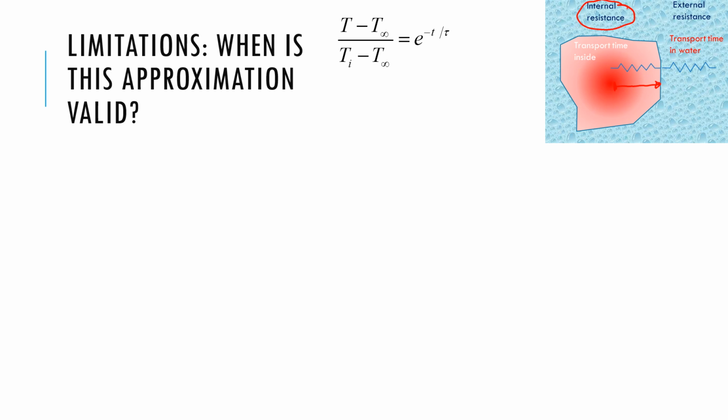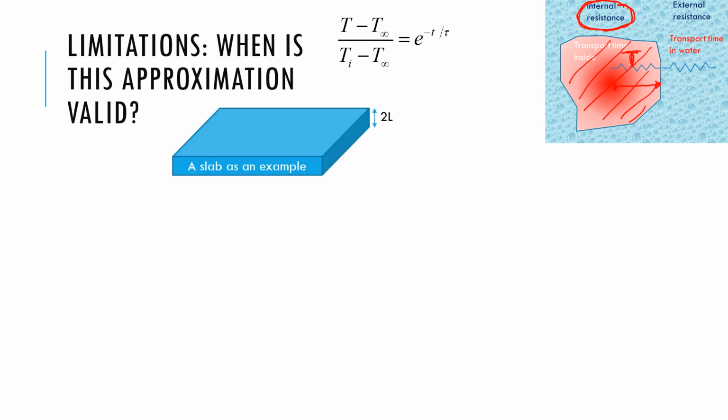So that's a huge assumption that we are ignoring all of the resistance inside. So we're saying temperature can quickly equilibrate and there is only one temperature. So this small internal resistance, it's nice to say it's small, but we have to define what is small. So let's do that now.